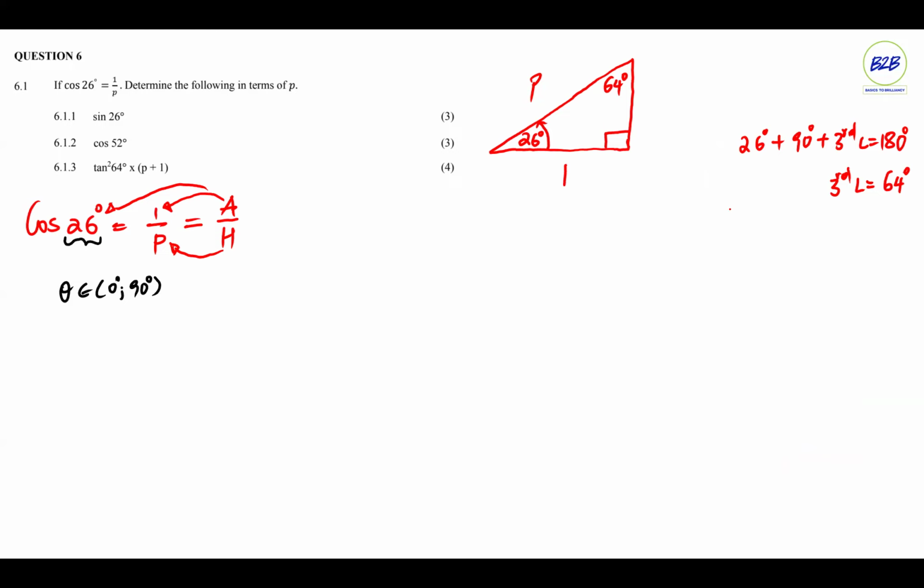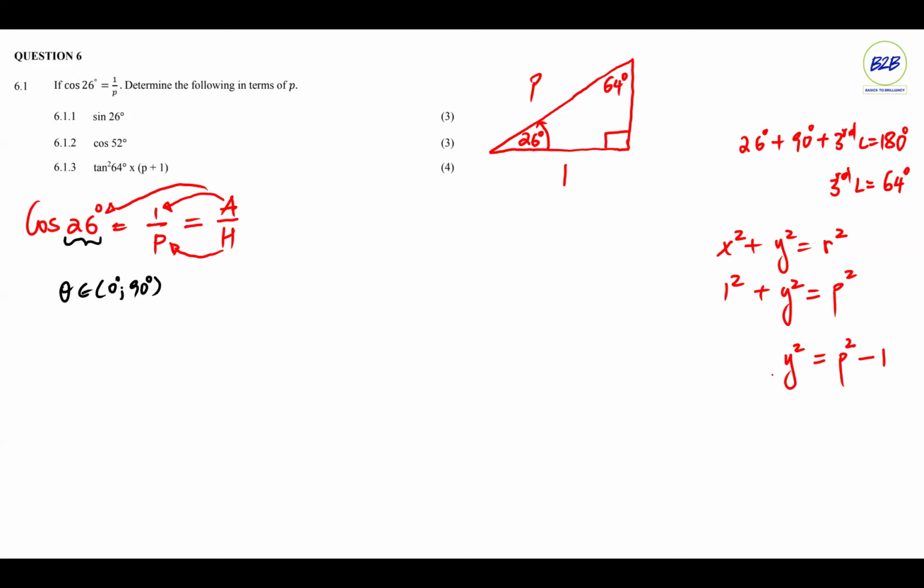And that will require us to use our Pythagoras theorem. x squared plus y squared is equal to r squared. In the place of x, we substitute 1. In the place of y, we substitute y. In the place of r, we substitute p. And then we have y squared is equal to p squared minus 1.